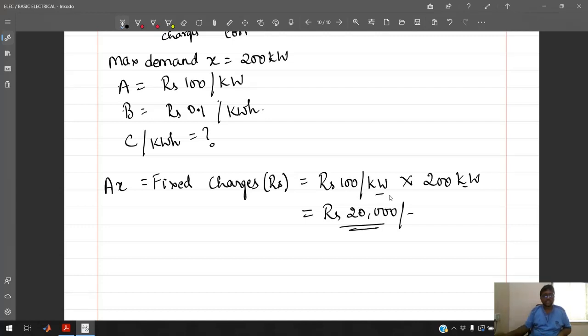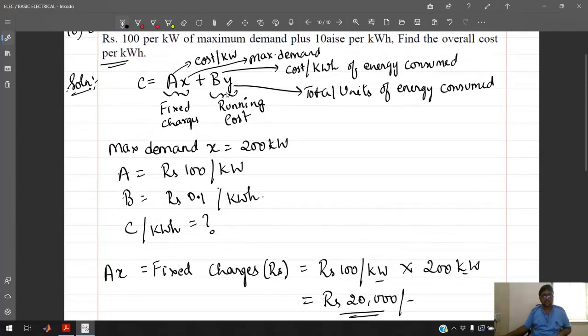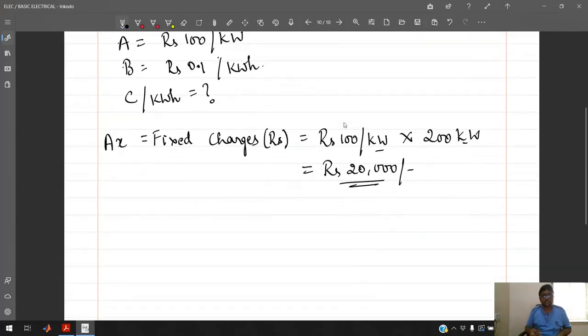Now, B is already present. I need to calculate Y, which is the total number of units consumed. The unit is kilowatt hour.